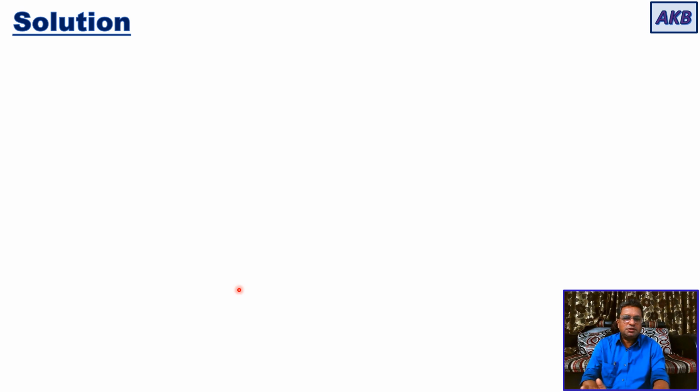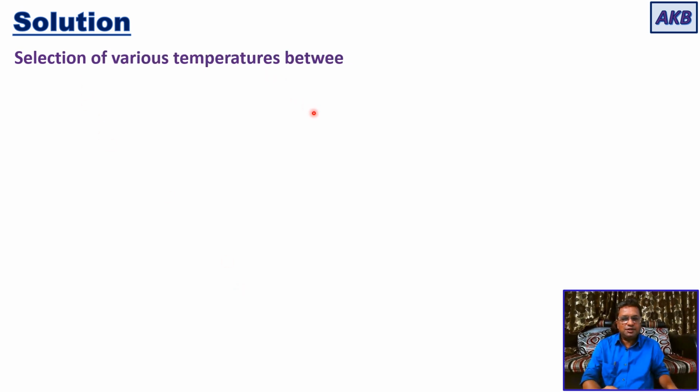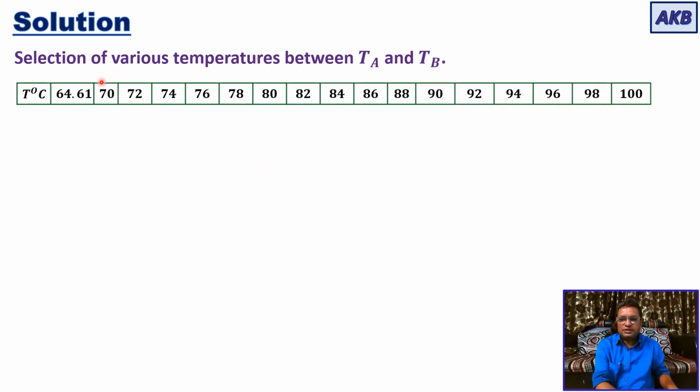The second step was we were going to select various temperatures between the two boiling points. So the second step is selection of various temperatures between TA and TB. So I have selected these temperatures. Starting with the boiling point of A, that is methanol, which is 64.61, the next temperature that I have selected is 70.